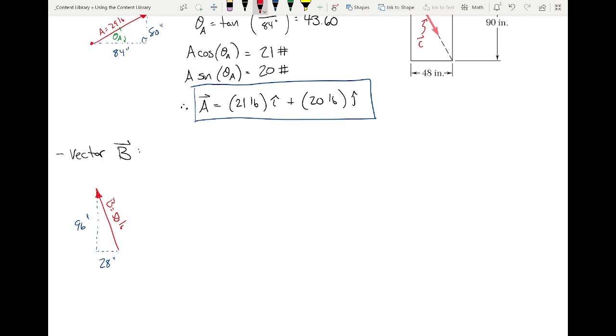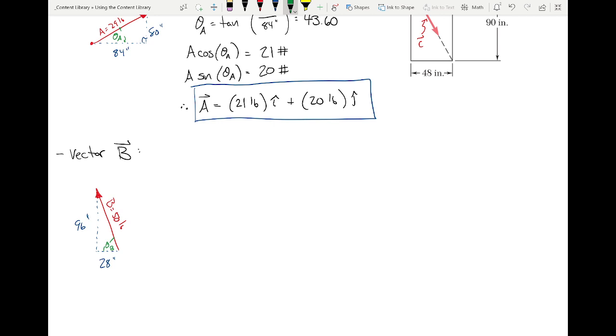Okay? So what we'll do is we'll determine theta B, just like we did before, and then we'll do B times cosine plus B times sine.